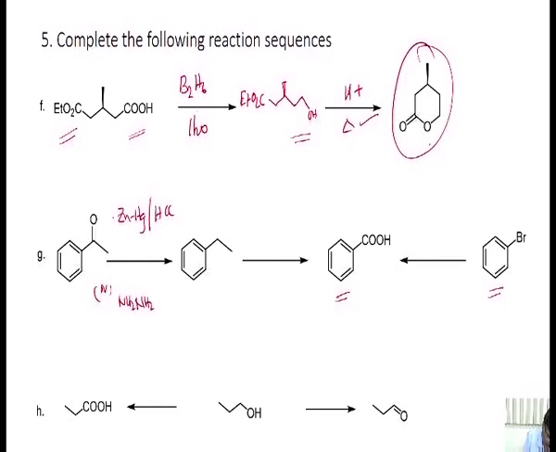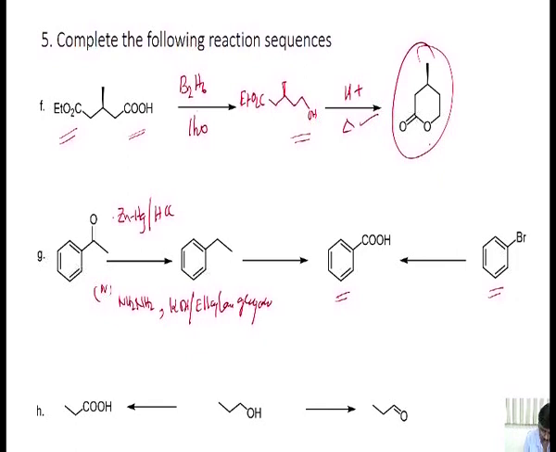Once you form the hydrazone, this can be further reacted with potassium hydroxide, ethylene glycol, at high temperature, which can convert into hydrocarbon. These two methods are used to convert ketone to hydrocarbon.